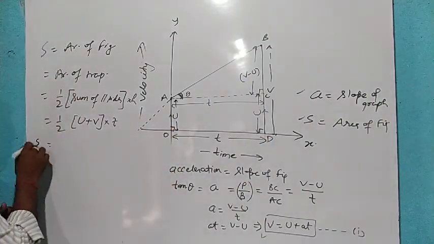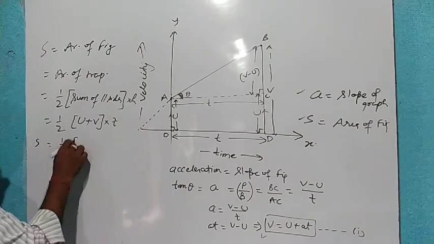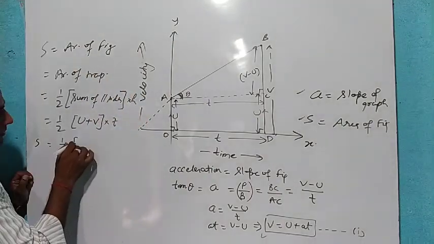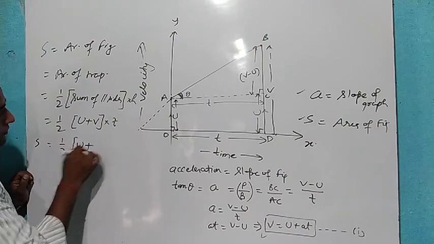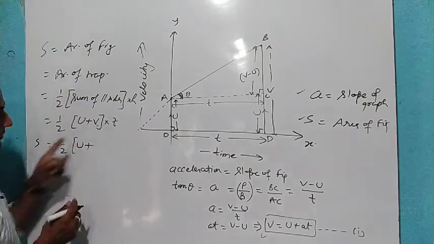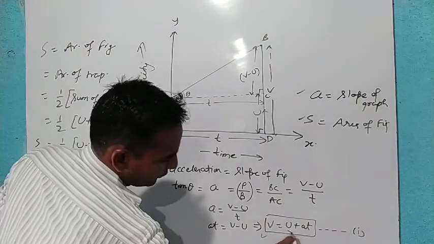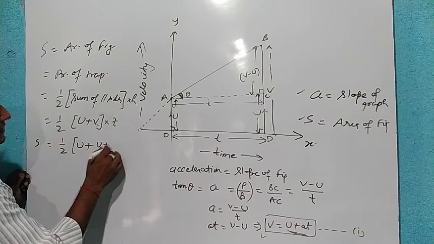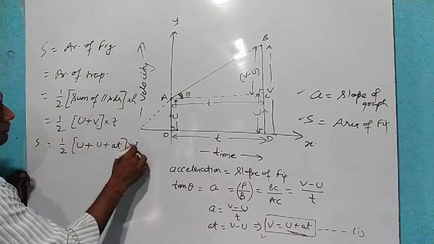Now, s is equal to 1 upon 2. Now listen. Can we write u plus at in place of v? In place of v, can we write u plus at from equation 1? Yes. In place of v, we will write u plus at into t.